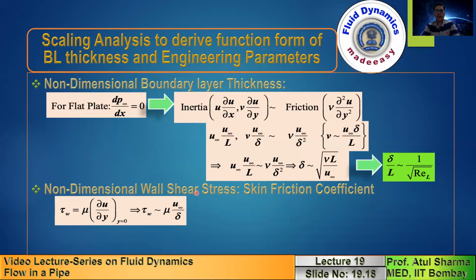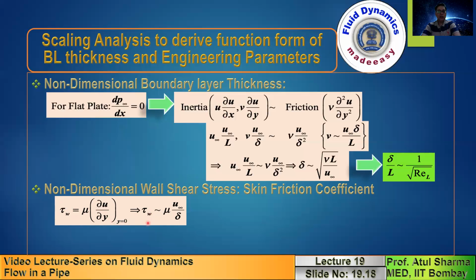Non-dimensional wall shear stress I have presented in the previous topic on flow in a pipe, where I had presented the Fanning friction factor. But at that time I had indicated that this non-dimensional wall shear stress is also called the skin friction coefficient. The wall shear stress is, as I had introduced earlier, mu del u by del y at y equals 0.